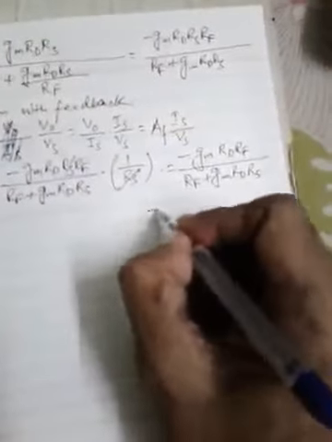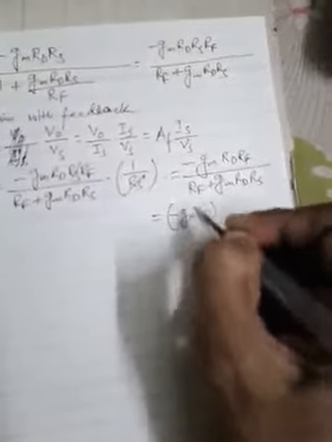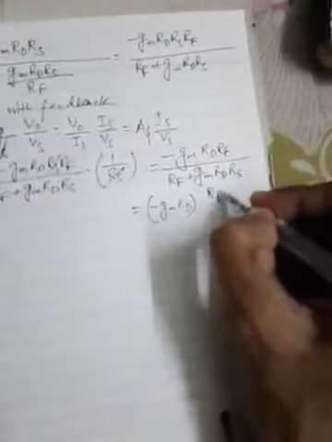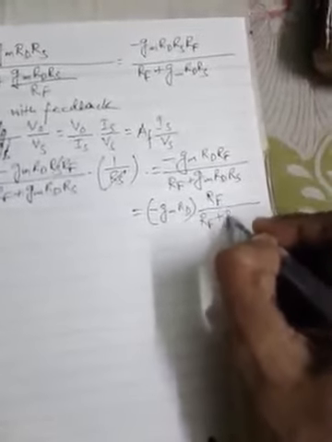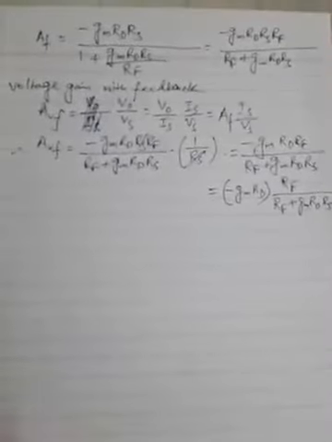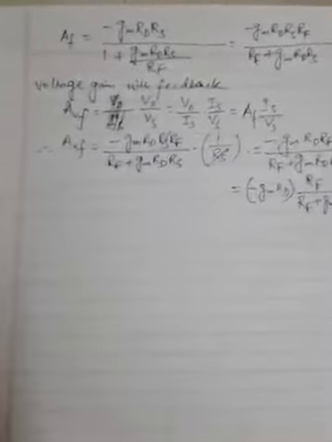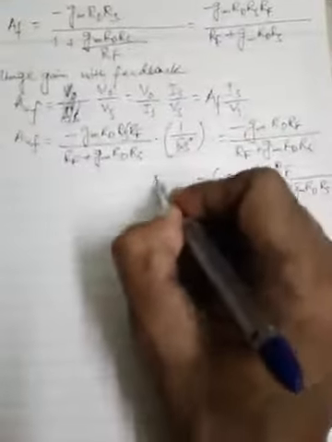Now take minus gm RD outside, RF by RF plus gm RD RS. So this is the expression, and this is AVF.